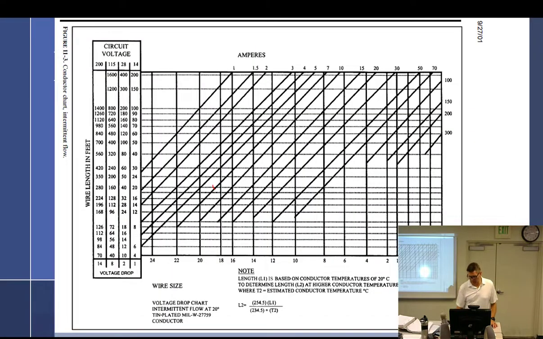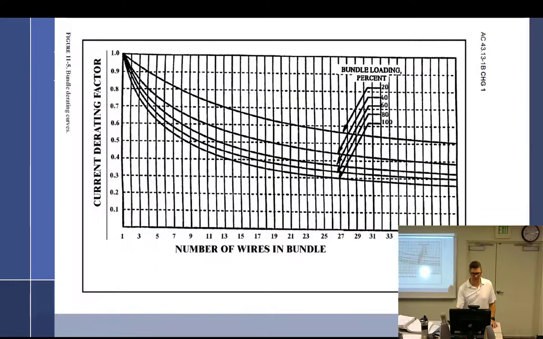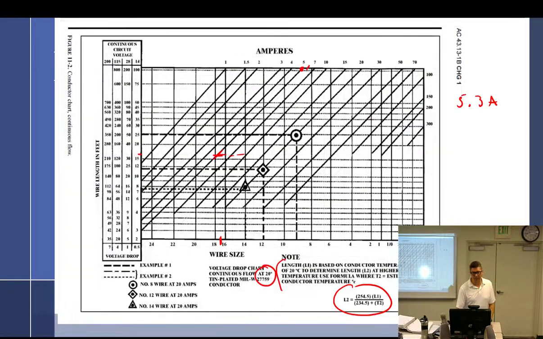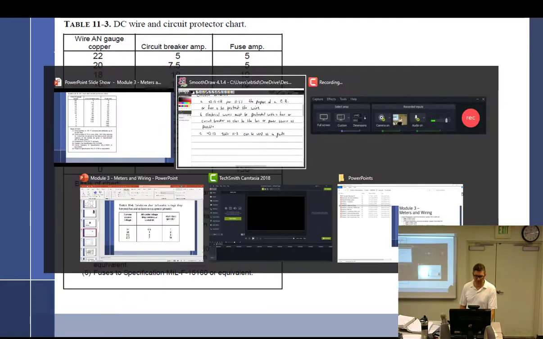Nope, because 11.3 is that one. I knew it. There we go. Oh, it is 11.3-3. I don't know how that happened. Table. Oh, that was figure. Sorry. That one's a figure. That one's table. So I knew 11.3 was something we've seen before. I'm going to come right back to that.